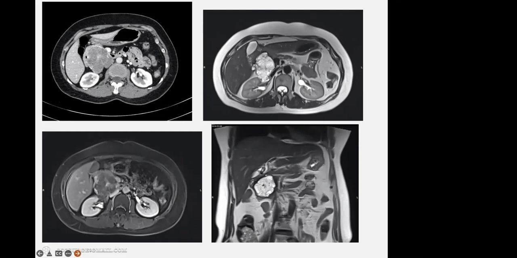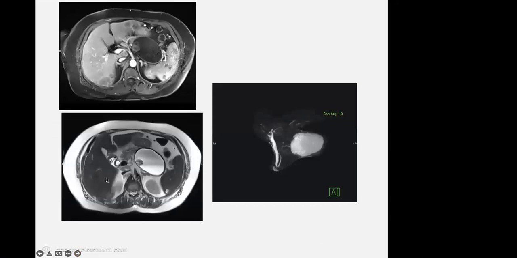Okay, sir. And similarly, I would tell you that there is another lesion, a big thick-walled cystic lesion at the region of the pancreatic body and tail. This is the pancreatic head and proximal body, where you can see the non-dilated pancreatic duct.